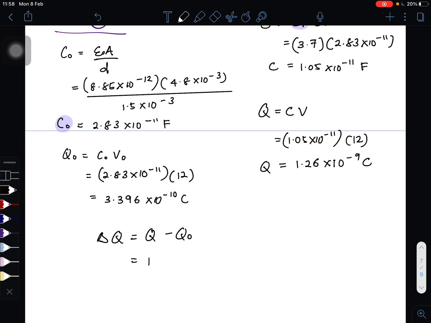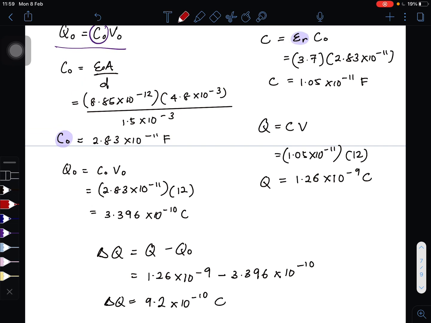Q is 1.26 times 10 to the negative 9 minus 3.396 times 10 to the negative 10. So we get 9.2 times 10 to the negative 10 coulomb. So that will be the answer for question B.